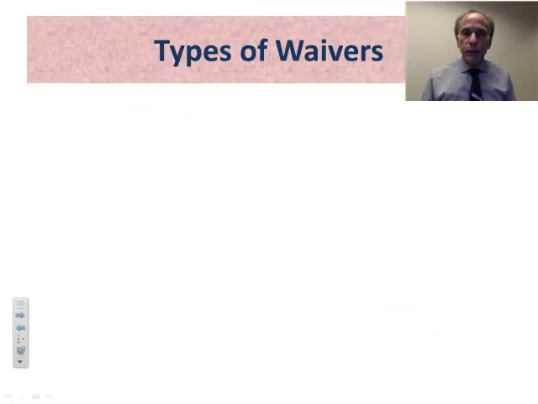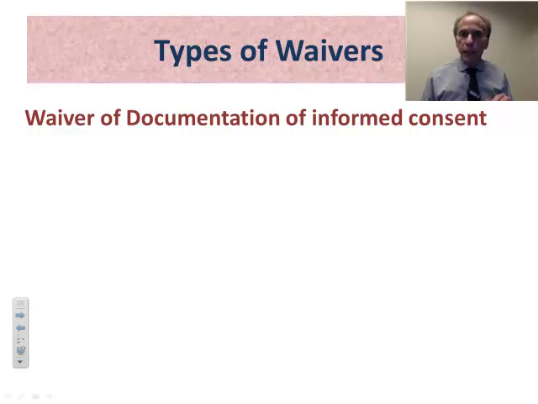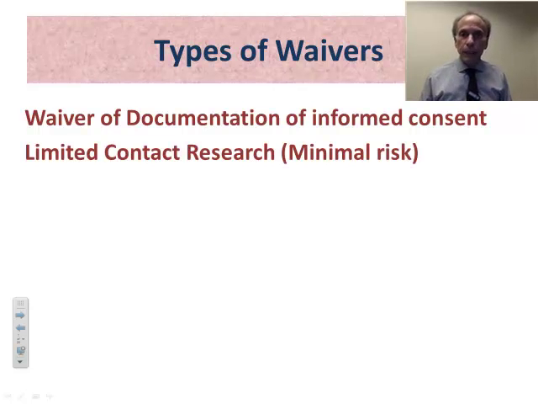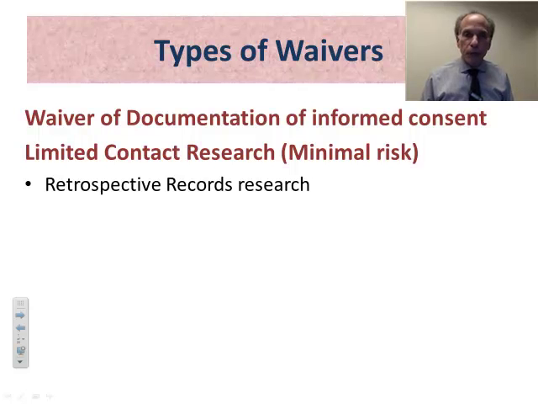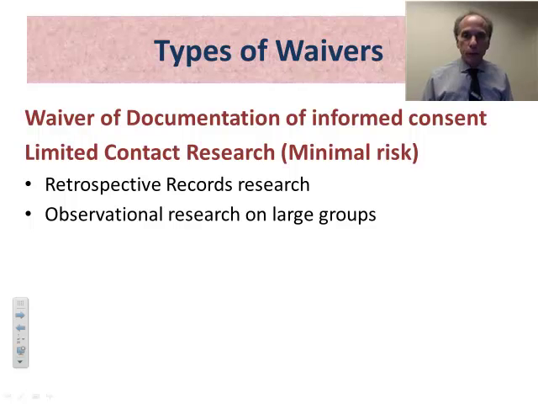Well, the regulations, including the U.S. regulations, recognize that there can be 3 different types of waivers. First, there can be a waiver of documentation of informed consent. Second, there can be a waiver for limited contact research. This would include certain types of retrospective records research and observational research in large groups.